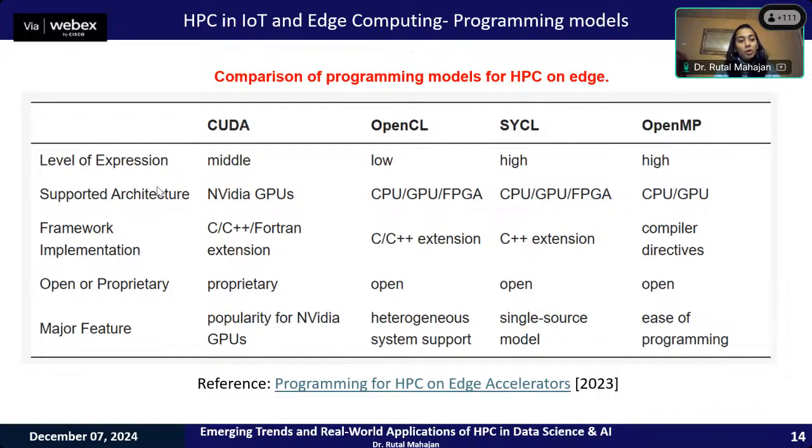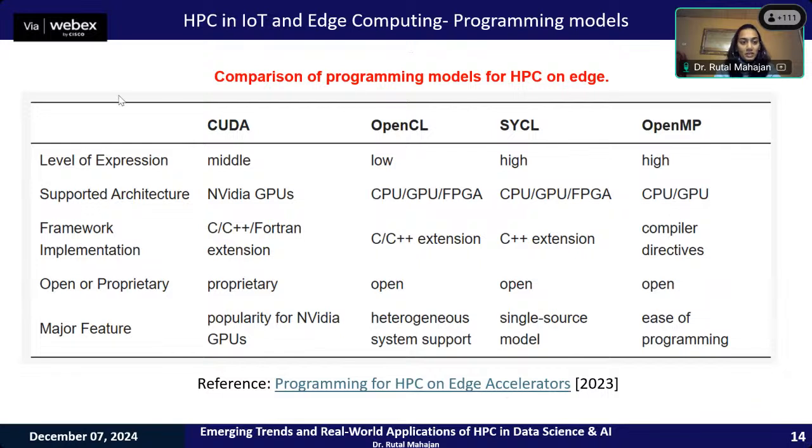Now, if we talk about the framework for implementation, CUDA supports C, C++, Fortran extensions, and OpenCL supports C and C++ extensions. SYCL supports C++ extensions. OpenMP uses compiler directives.